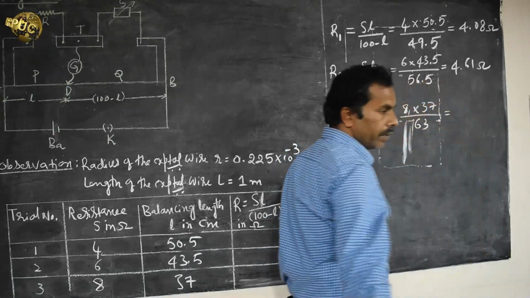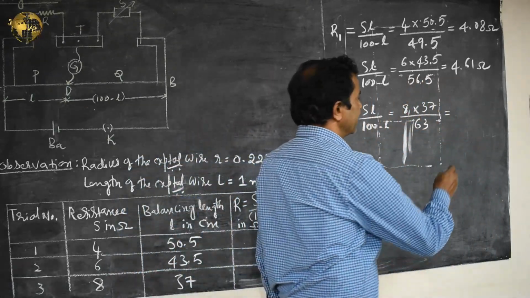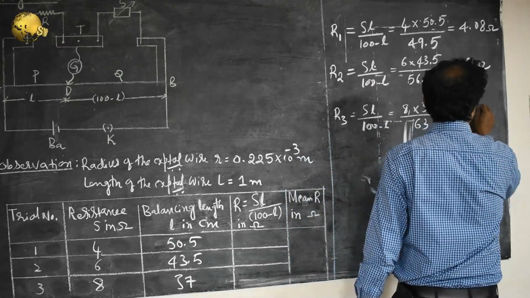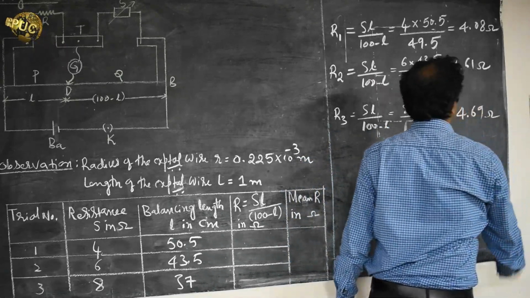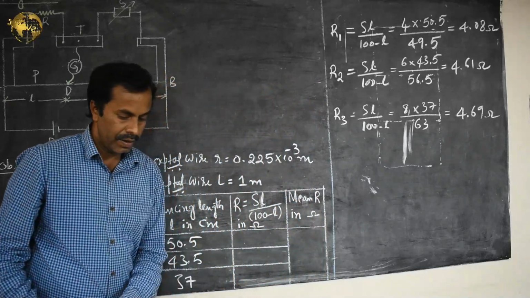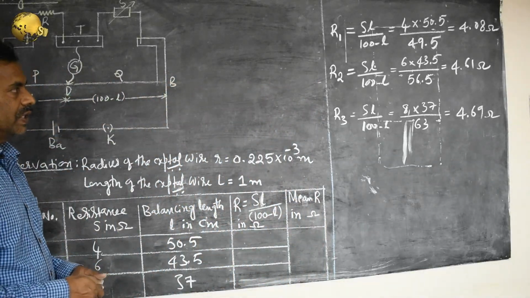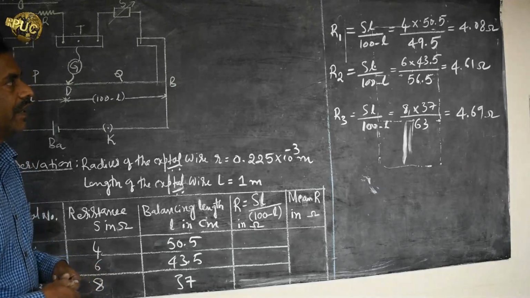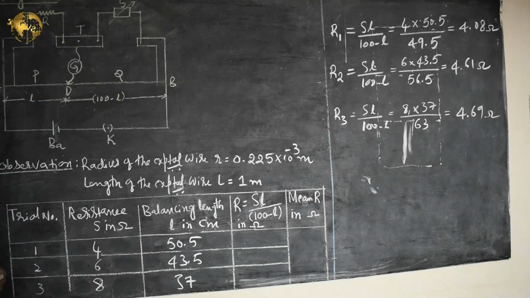This is equals to 4.69 ohm. So these are the values of resistances in three different trials: R1, R2, R3.